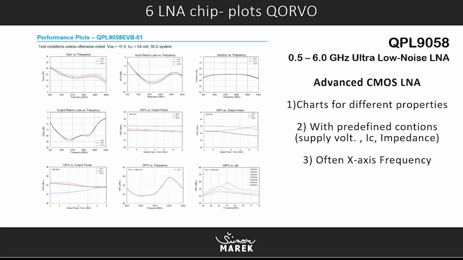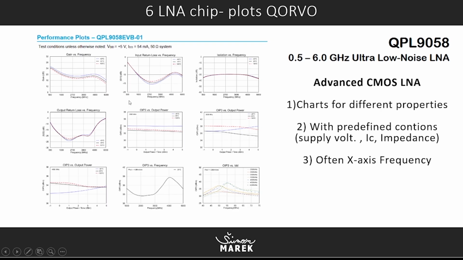So there are some LNA plots which we need to understand. Now, the most important is the gain versus frequency plot, which says how much gain you will have at a specific and certain frequency of your chip, and this is probably the most important one.